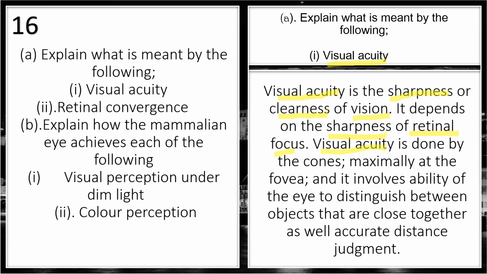Visual acuity is done by the cones, maximally at the fovea. It involves the ability of the eye to distinguish between objects that are close together, as well as accurate distance judgment.